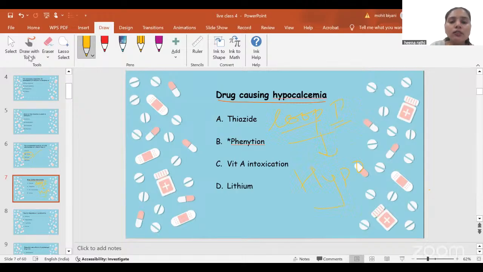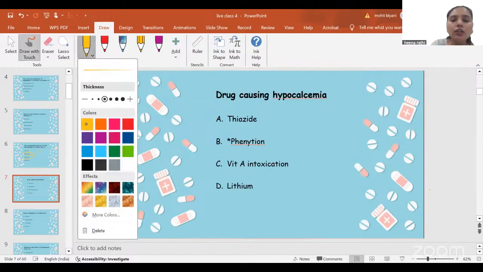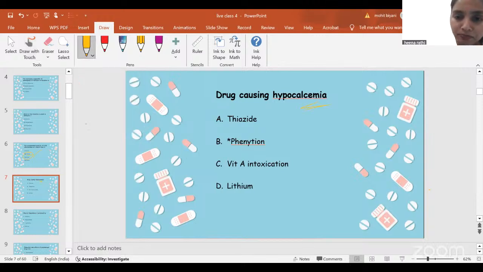Loop diuretics like furosemide, torsemide. These are the drugs which are going to increase the excretion of the calcium from the body.